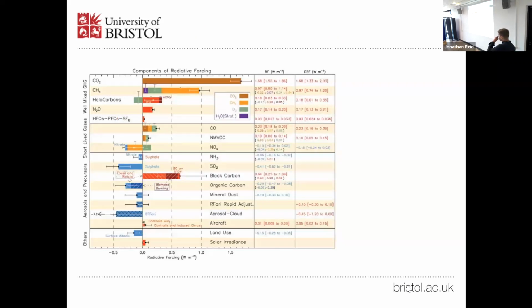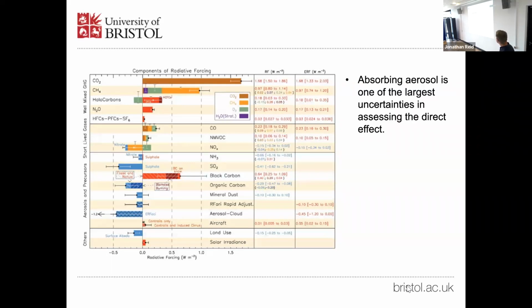And so why are we interested in these properties? Well, the relative forcings, which are the net change in energy in the atmosphere due to these particles, are dependent on the complex refractive index. And if you look at the organic carbons, these things that we're really interested in are really atmospherically relevant at the minute. They have a really large uncertainty in their radiative forcings of maybe 75% or so.